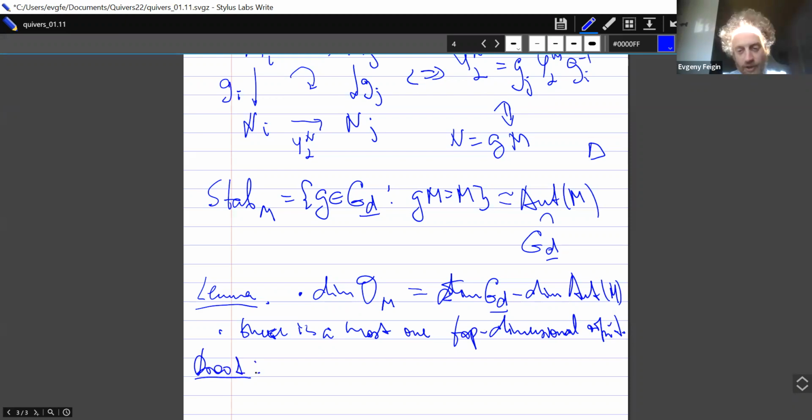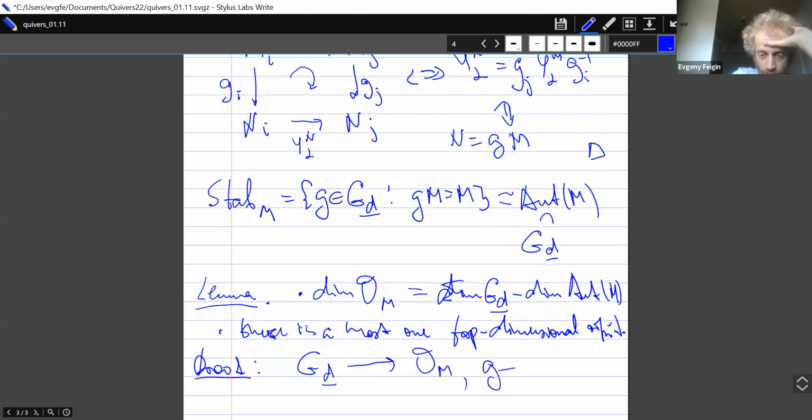So first of all, can you say why the first claim is true? Well, because the automorphism group is just the stabilizer. So indeed, we have a map from the group G_d to the orbit of M, sending g to gM.